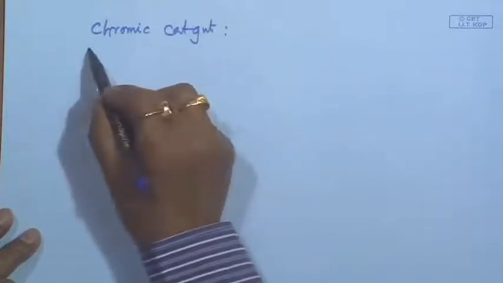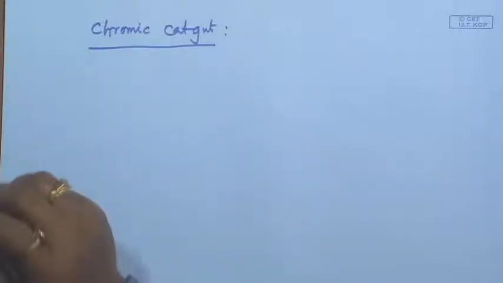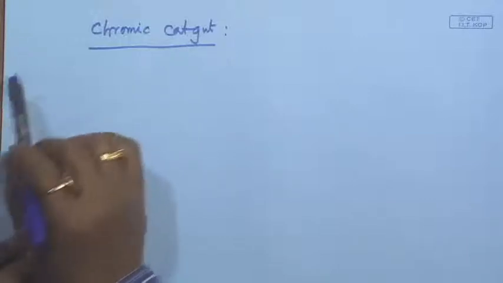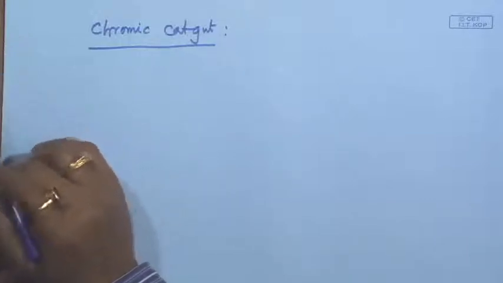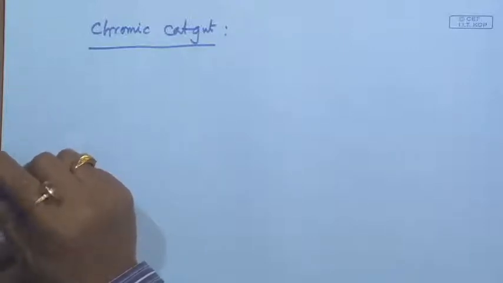This chromic catgut is not degradable. So, after surgery and stitching, when the wound heals, it needs to be removed by a second surgery, which becomes painful to the patient.